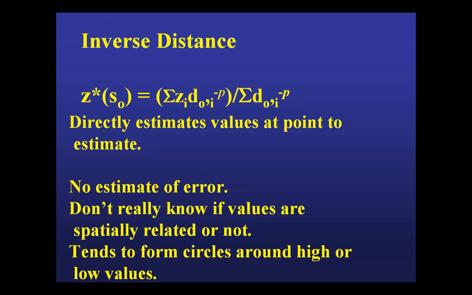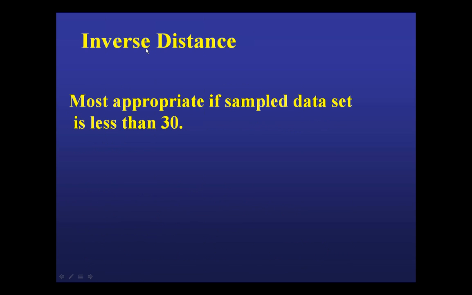So that's inverse distance. And it's most appropriate if your sample data set is less than 30. If you're sampling densely or if you have a lot of points, then kriging would be better.